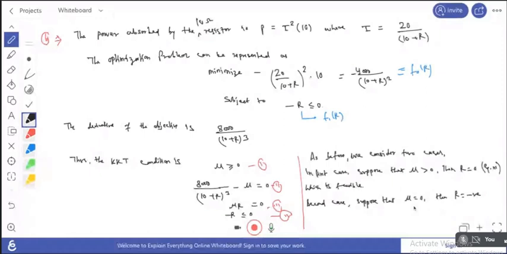Therefore the only solution to the KKT condition is r equals 0.